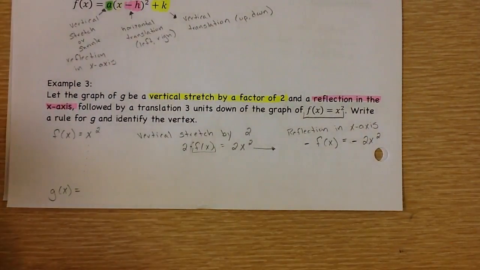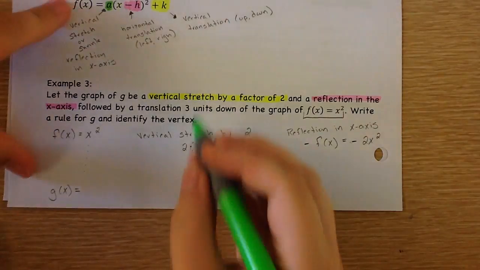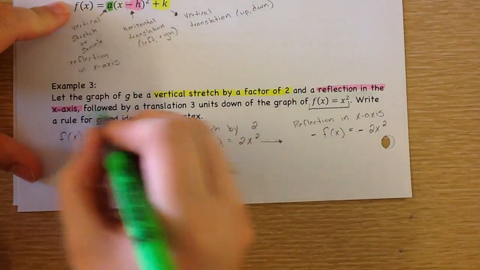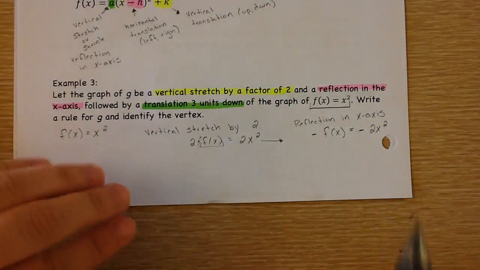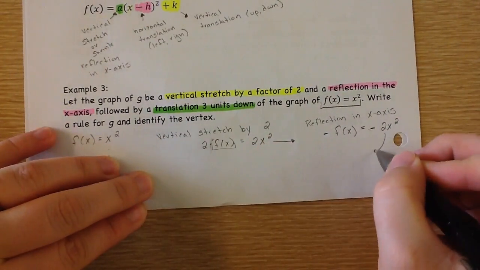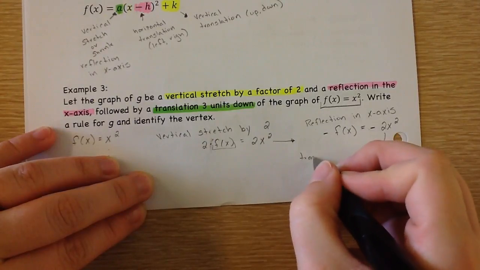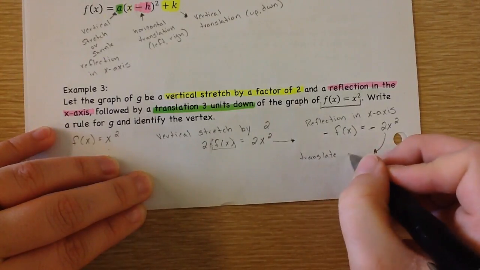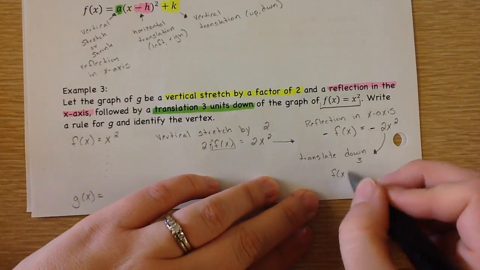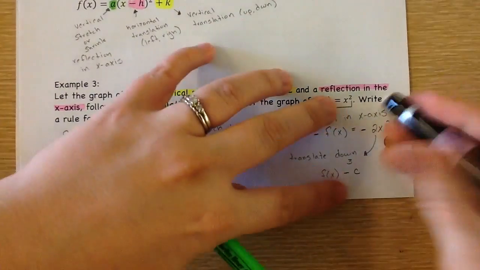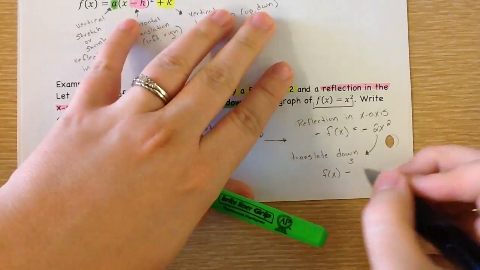Now I want to take that, and what do I want to do with it? Last, followed by a translation 3 units down. So I'm now going to take this function and translate down 3. To translate down 3, I take f of x and subtract 3 on the end.